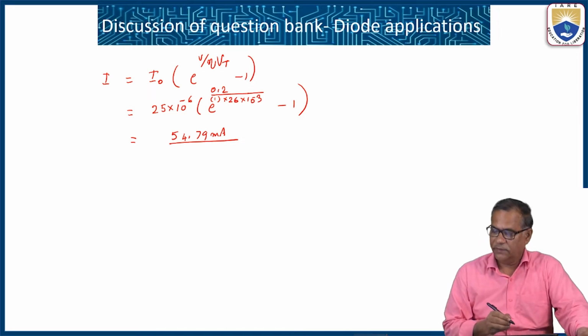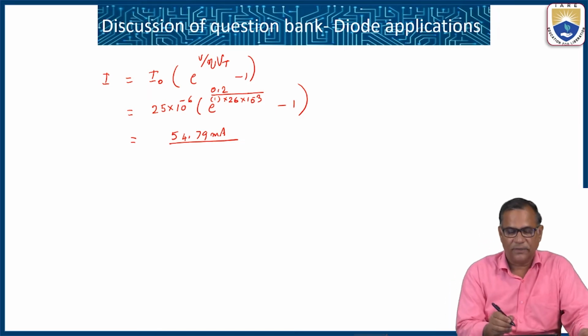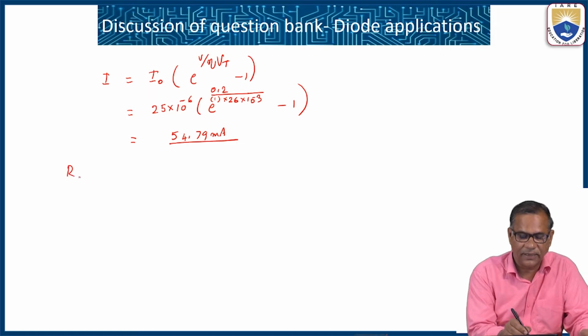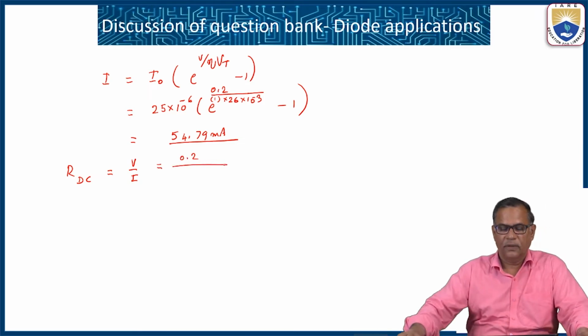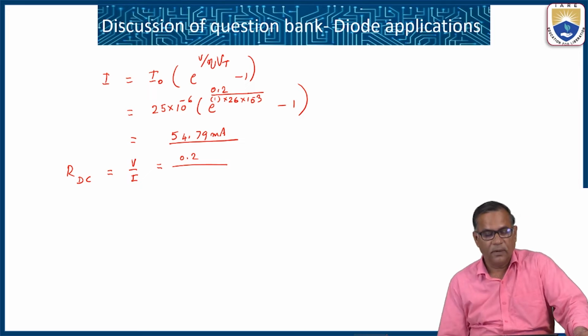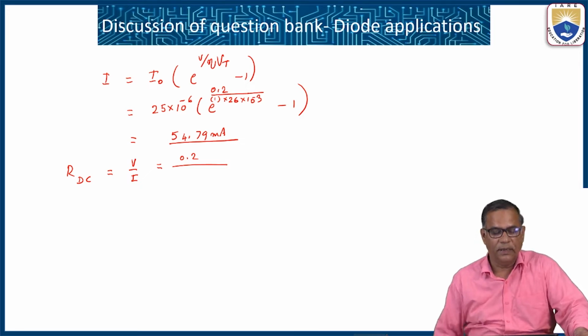Now let us find out the DC resistance. So RDC, which is the static resistance, is nothing but V by I, and V is given as 0.2 volts, divided by 54.79 milliamperes.